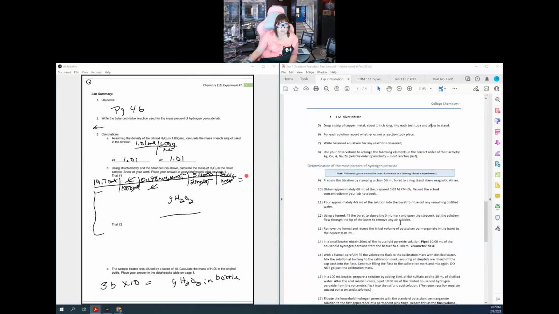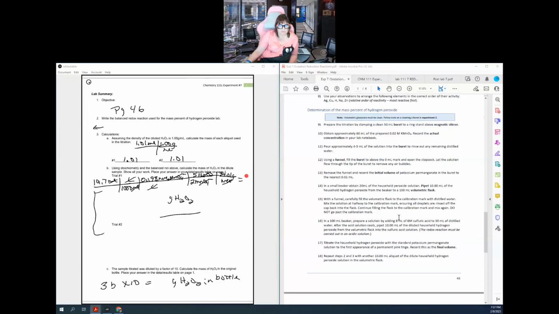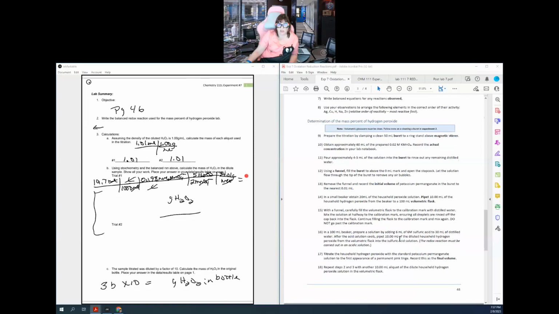So what it tells you is to pipette 10 milliliters of the diluted household hydrogen peroxide into 30 milliliters of H2O and 6 milliliters of H2SO4, sulfuric acid, and then 10 milliliters of the sample, making your total volume 46 milliliters.